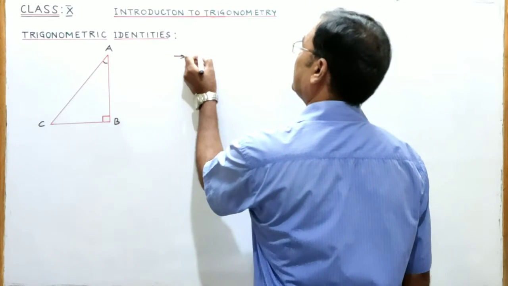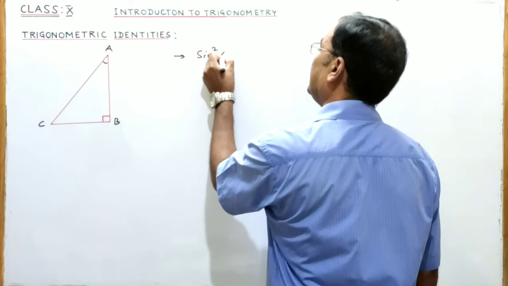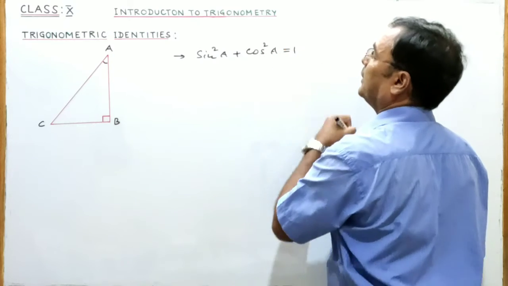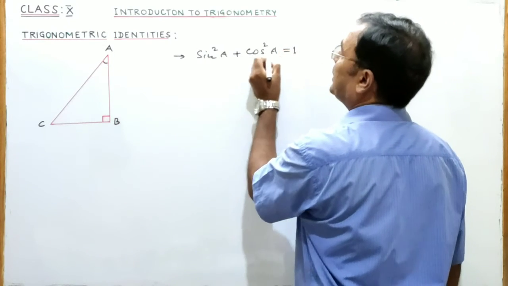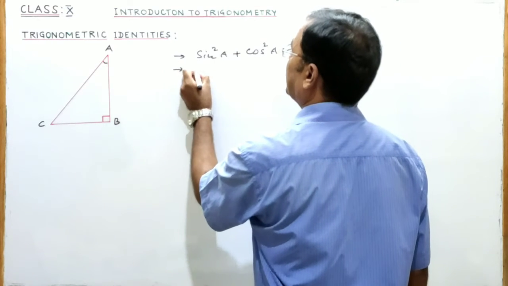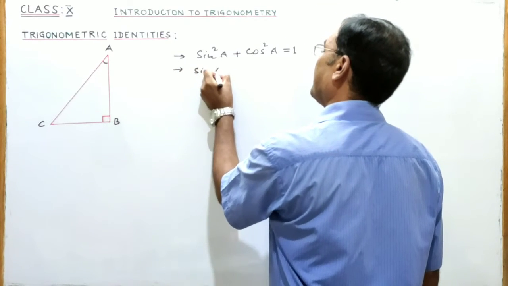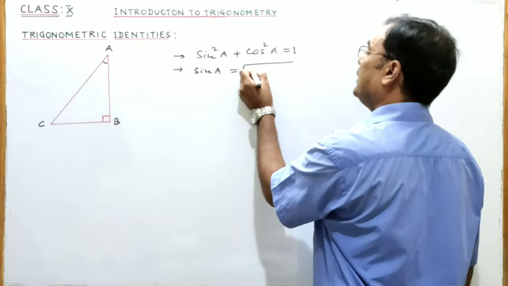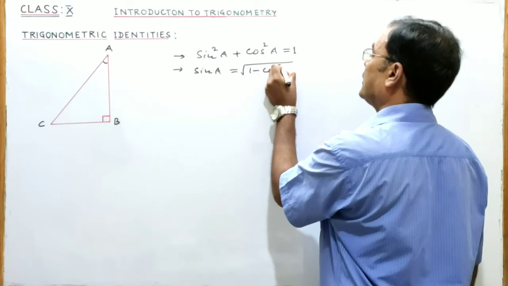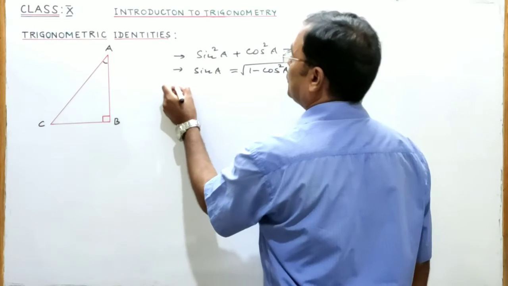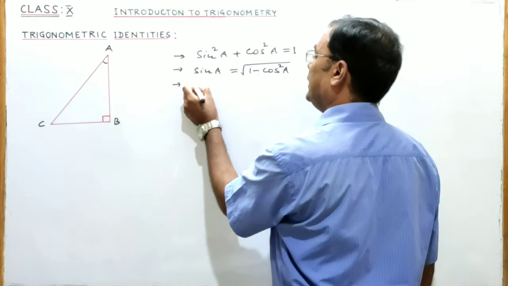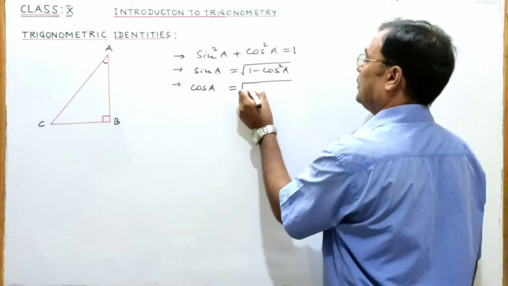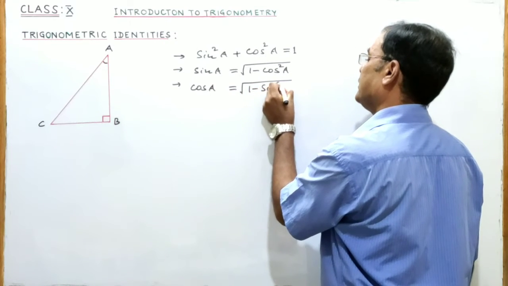They are sin square A plus cos square A equal to 1, and based on this trigonometric identity we also expressed sin A in terms of cos A like this, sin A equal to under root 1 minus cos square A, and also expressed cos A in terms of sin A as cos A equal to under root 1 minus sin square A.